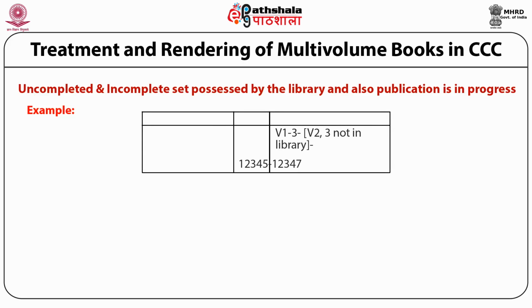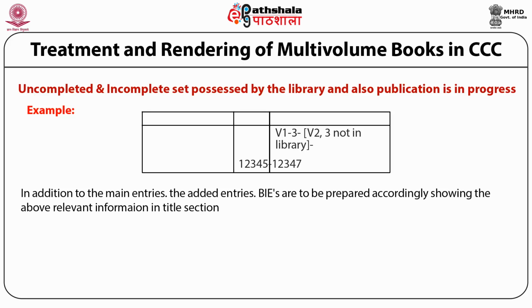V1-3- indicates that the work is in progress, and within square brackets B2, 3 not in library indicates out of the 3 volumes published so far, only volume 1 is in the library and volume 2 and 3 are not in library. So this information is shown in a square bracket in pencil. As and when set is completed, this will be corrected.